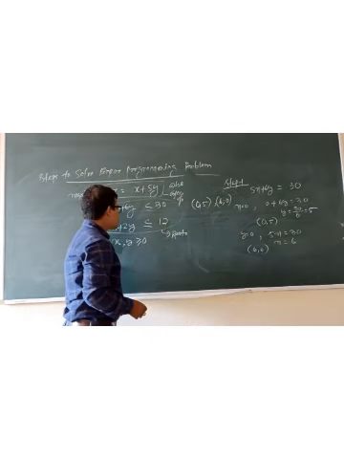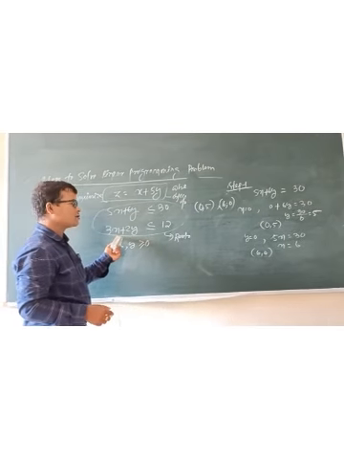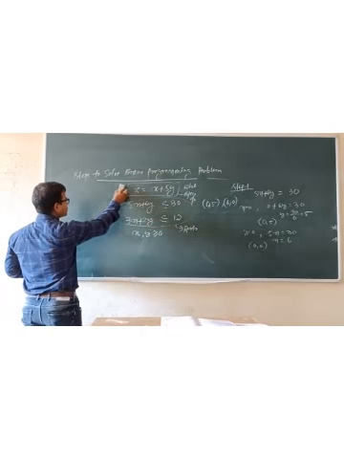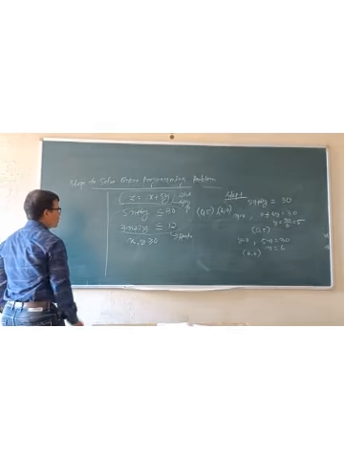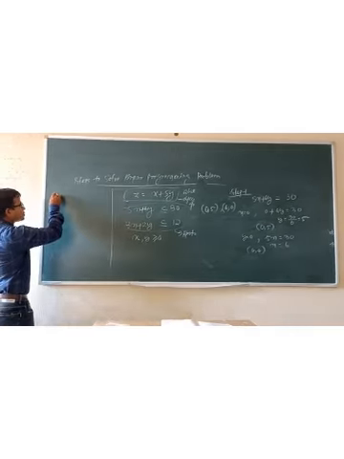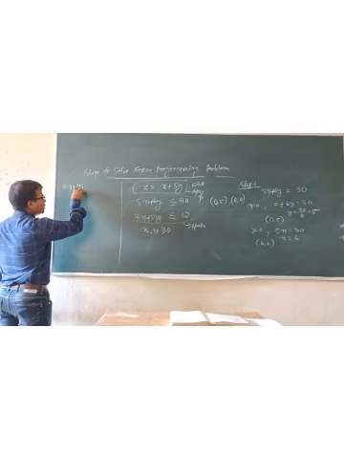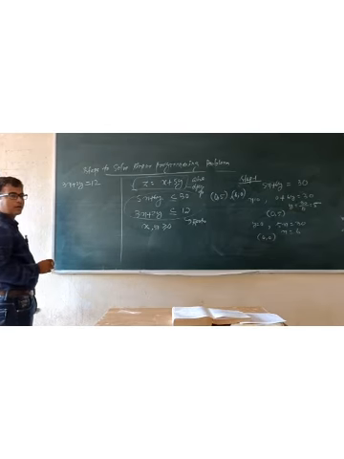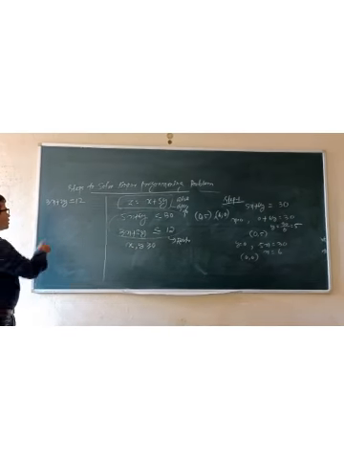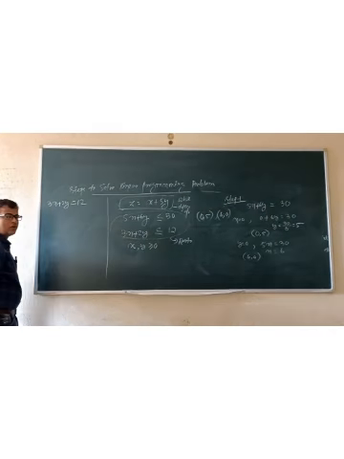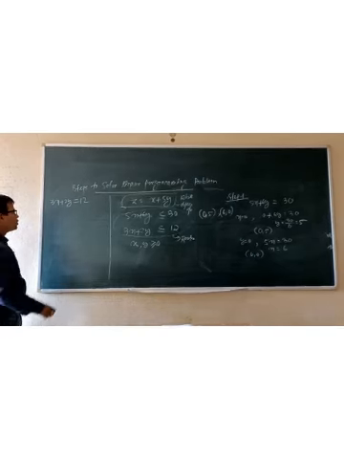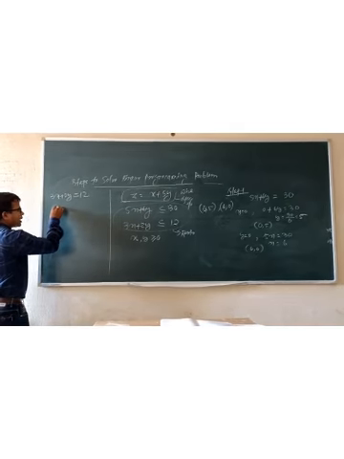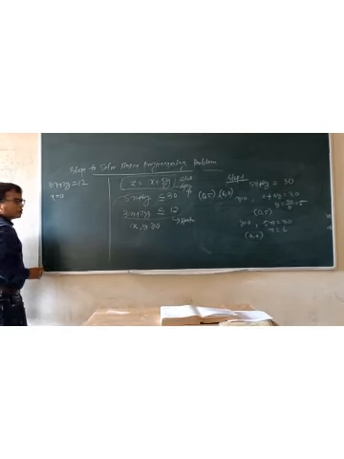Then solve the second inequality. The second inequality is 3x plus 2y equals 12. So as per the step, we put x equals 0.